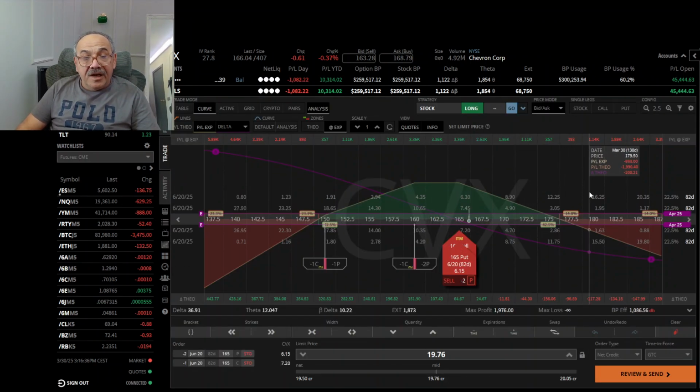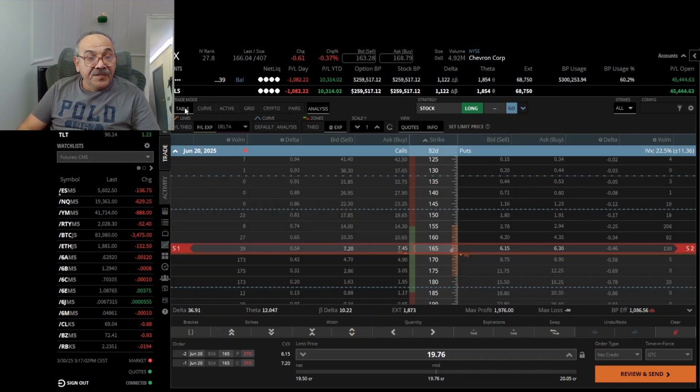But if you wouldn't like to add more margin to that position, you can do it probably a little bit differently. Instead of, let's say, opening one short call and two puts, we can open one-to-one, but in this case we're going to move that structure a little bit higher.